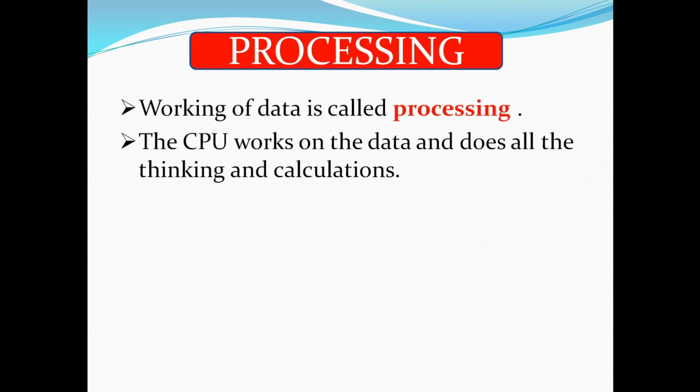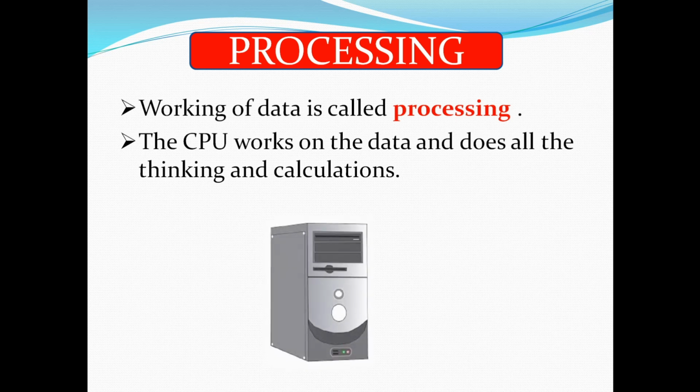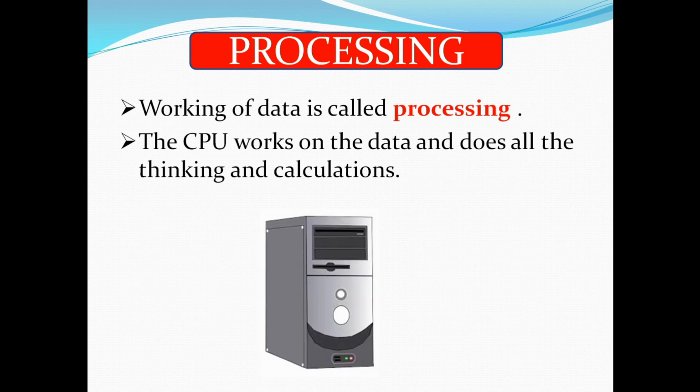Second one is processing. Working on data is called processing. The CPU works on data and does all the thinking and calculations. This is the picture of CPU, that is Central Processing Unit.